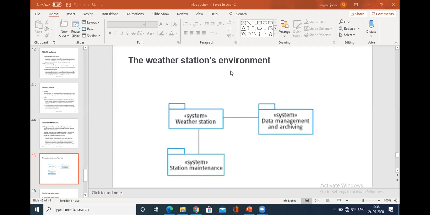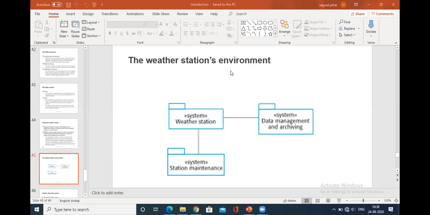So the weather station is responsible for collecting the weather data. Some initial processing may be required at the startup of this weather station system, and transmitting some of the data to the database.